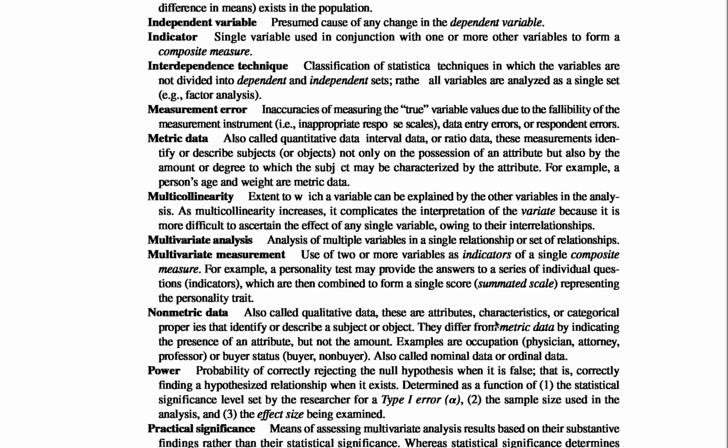Multicollinearity, extent to which a variable can be explained by the other variables in the analysis. As multicollinearity increases, it complicates the interpretation of the variate because it is more difficult to ascertain the effect of any single variable owing to their interrelationships.